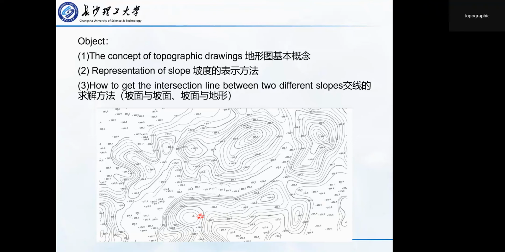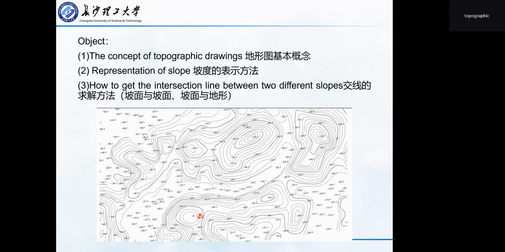I think it was in the class about the layers. In that class, I used the contour maps as an example to show the function of layers, and how to use the layers.